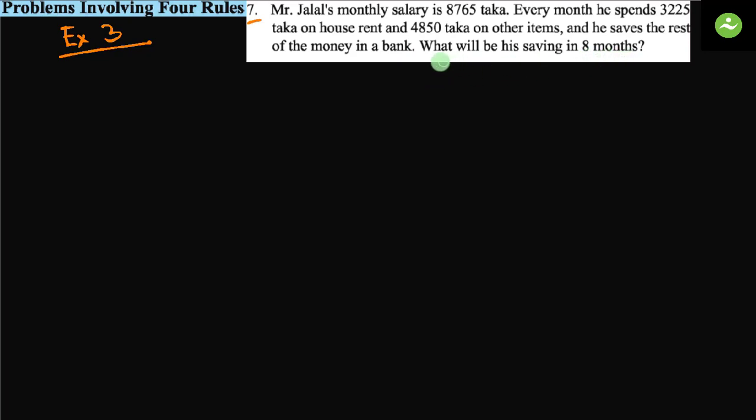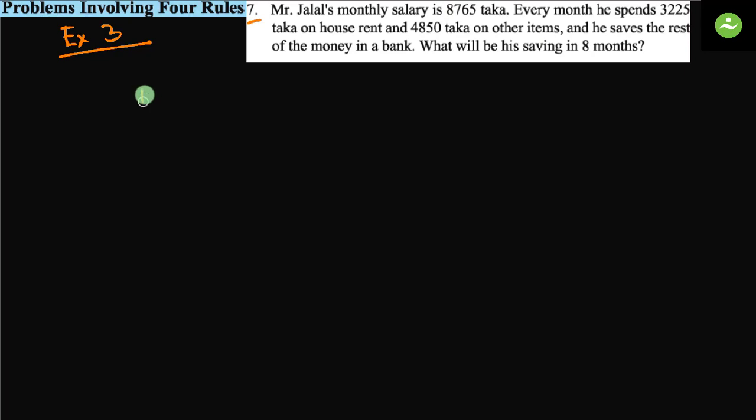We have to find the monthly savings. Then we can get the savings in 8 months. And how do we get monthly savings? If we deduct our expenditure from our salary, we get the savings.